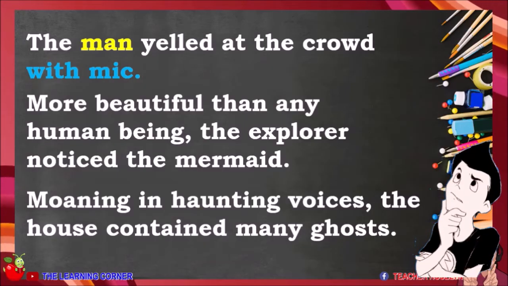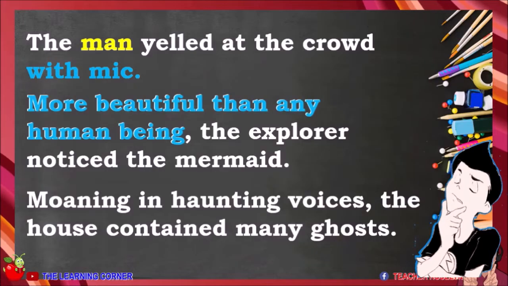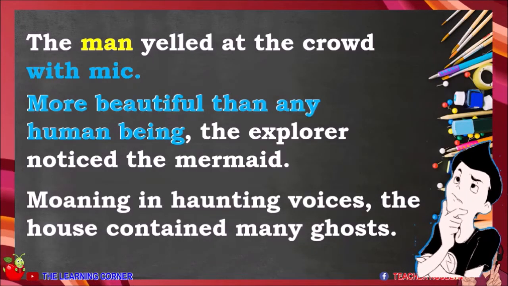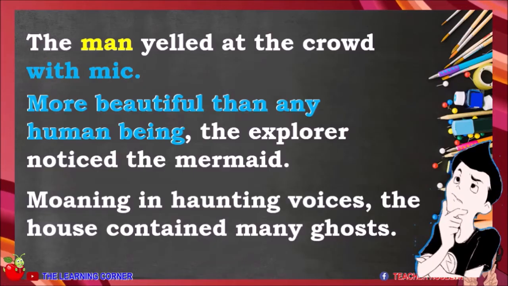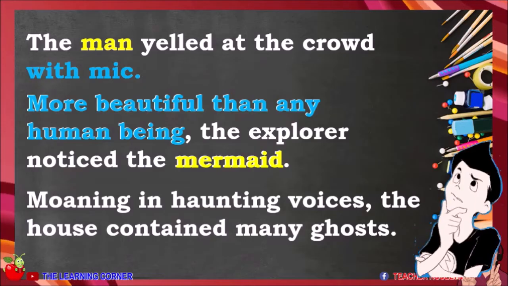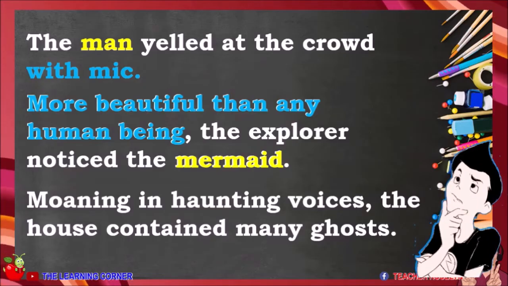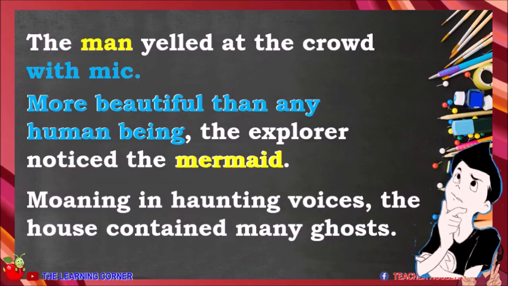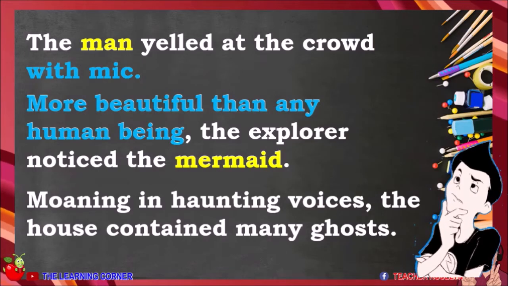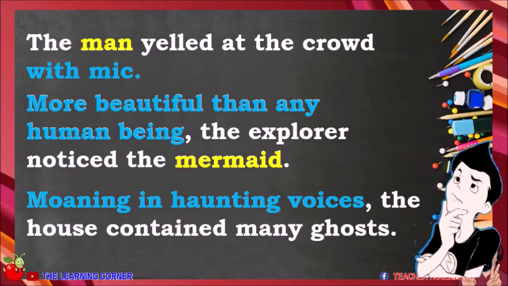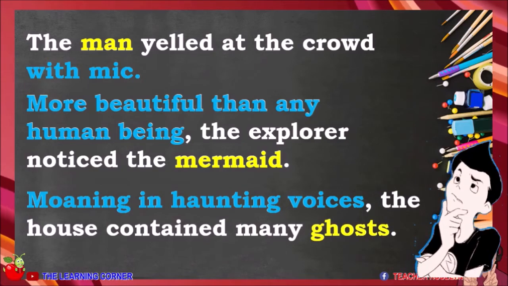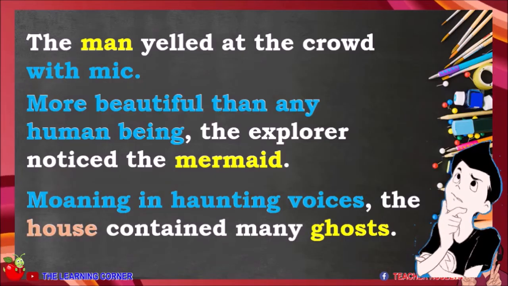In this sentence, the phrase, more beautiful than any human being, serves as the modifier. It modifies the mermaid and not the explorer. Moaning in haunting voices, the house contained many ghosts. In this sentence, the modifier is moaning in haunting voices, which refers to the ghosts and not the house.